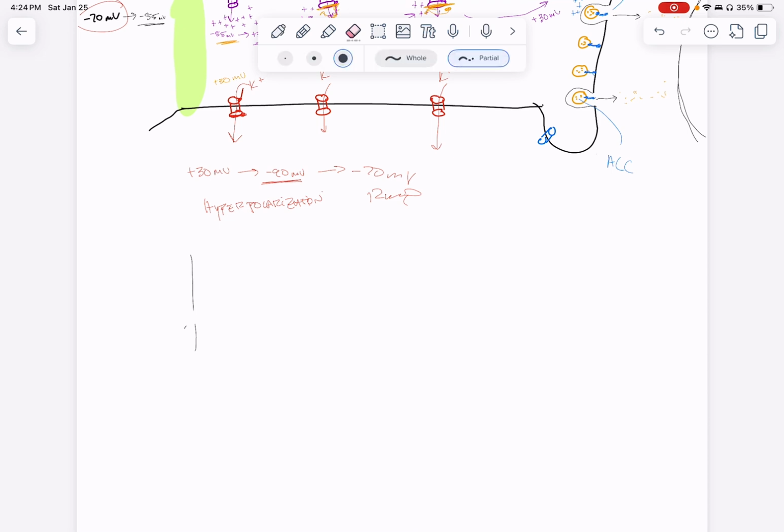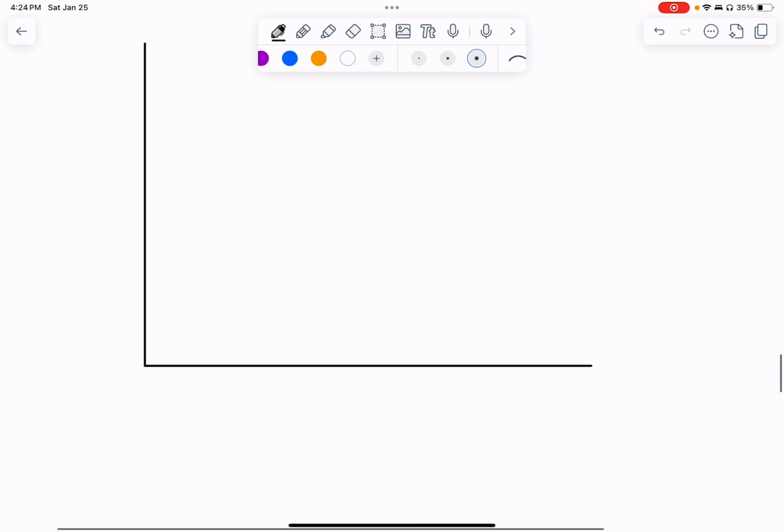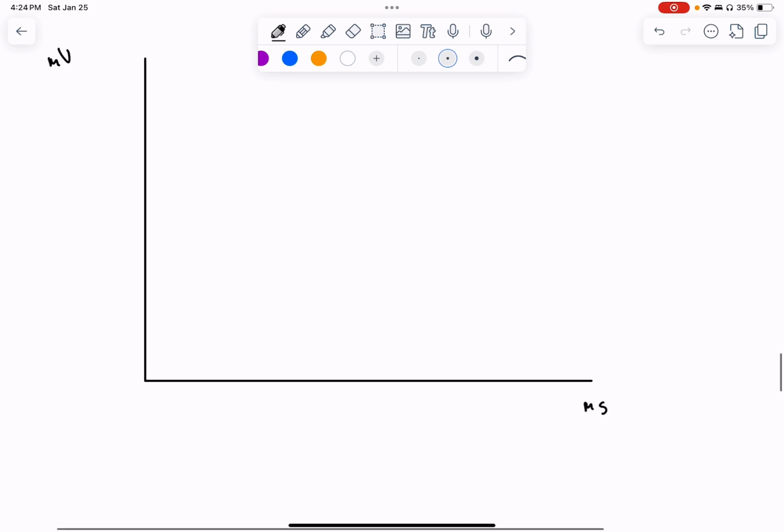I'm going to try to change this. Try a graph here. Okay, this is our graph, and this is going to represent milliseconds and millivolts. Okay, here's our negative 70.